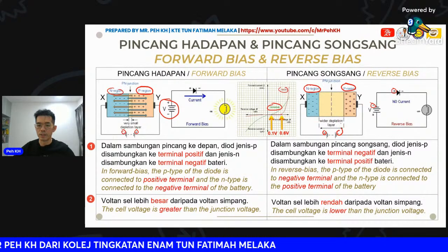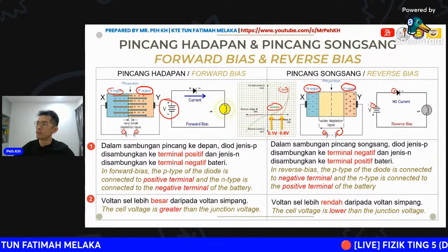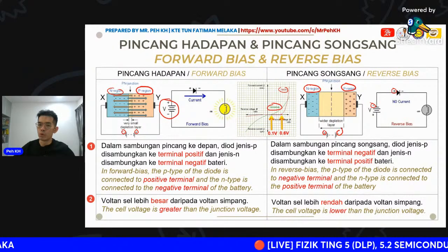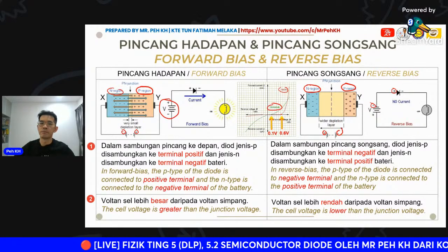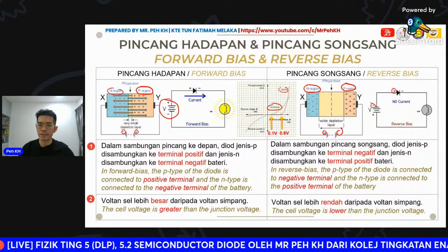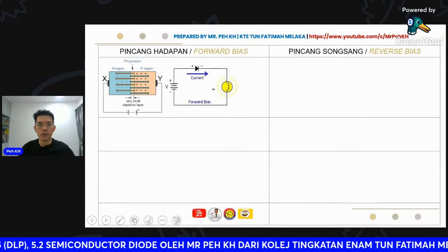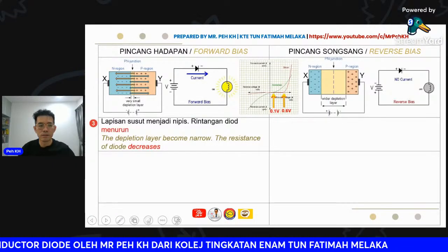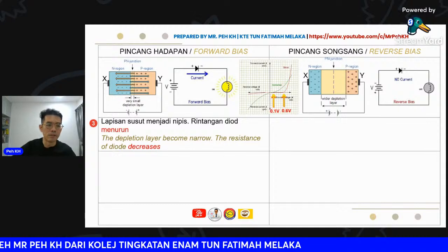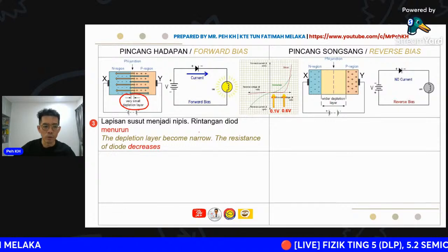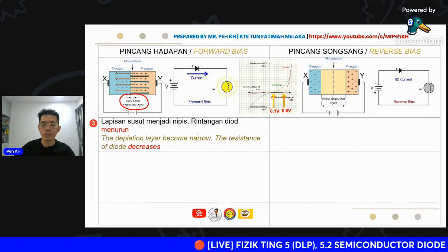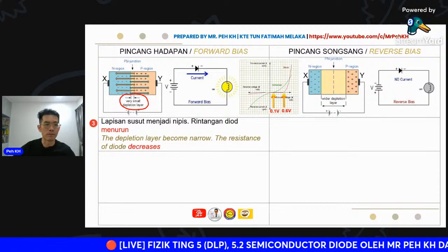So the energy provided will not be able to let the carriers cross the junction. So here the bulb will not light up, and this will be known as a reverse bias connection. Then the next difference here will be the depletion layer. You can see for the forward bias connection, it's narrow, so it will allow more carriers to cross the junction.